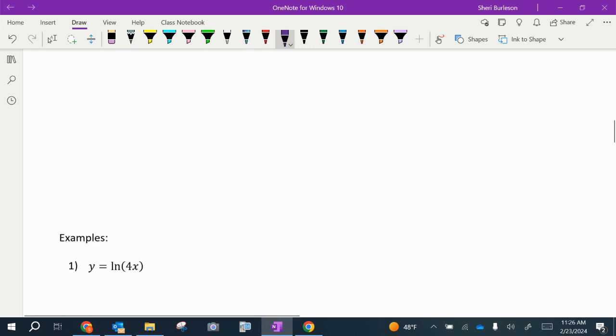So let's practice that. Here I have the function y equals the natural log of 4x. What I see is that inside the natural log, I have another function, which means here I will need to use the chain rule.